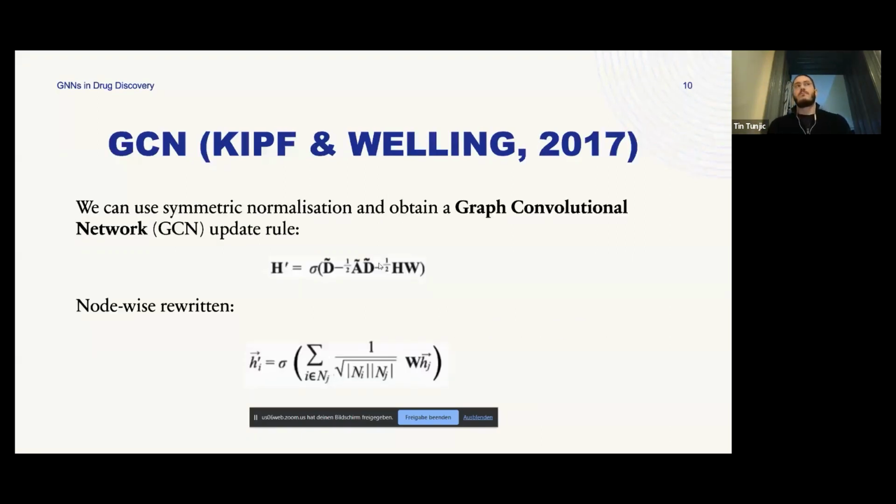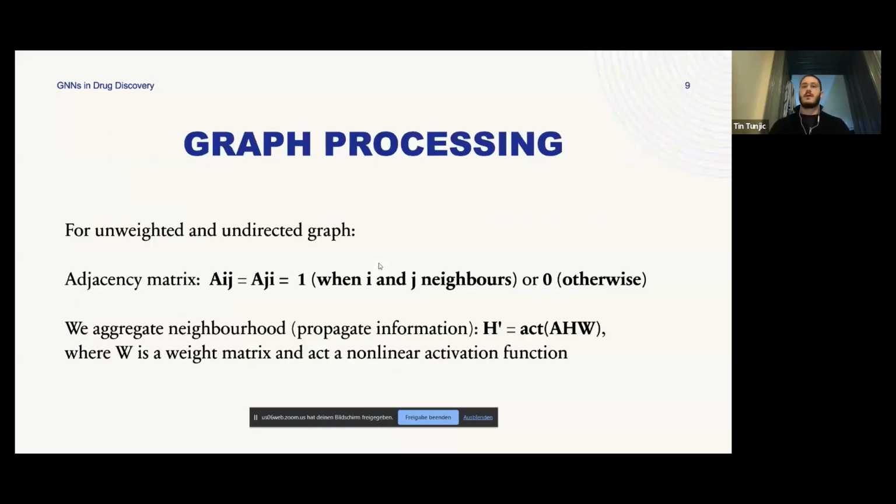Now, one of the best-known graph neural networks is from Thomas Kipf and Max Welling, made in 2017. It's called the graph convolutional network. In the propagation of the information, what can often happen, if I go back to the last slide, is that you have this adjacency matrix times this latent representation times weights.